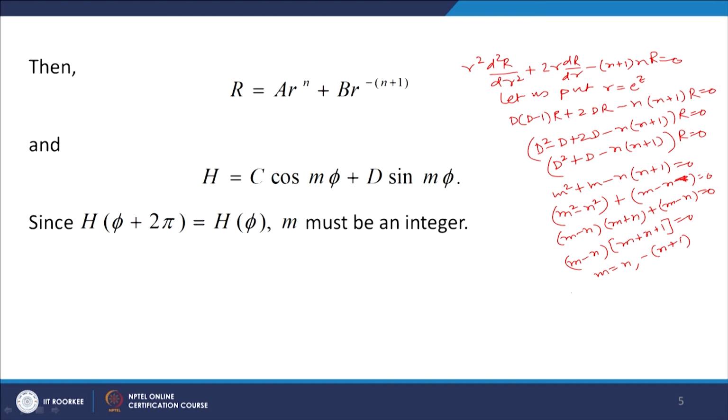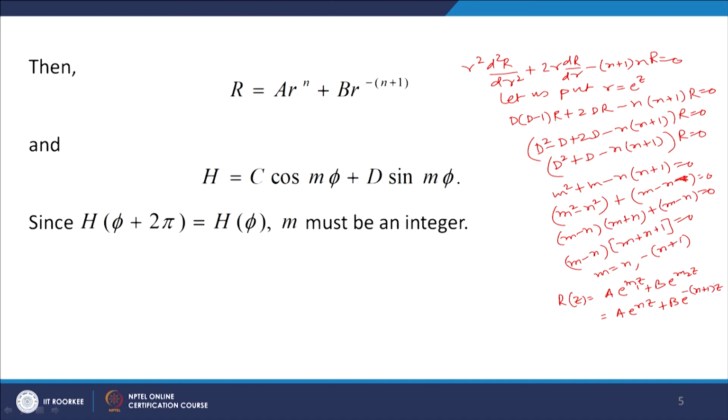So, the general solution of this equation, r in z, okay, is equal to some constant, let us say a e to the power m1 z plus b e to the power m2 z. m1 is say n, so a e to the power nz plus b e to the power minus n plus 1 into z.